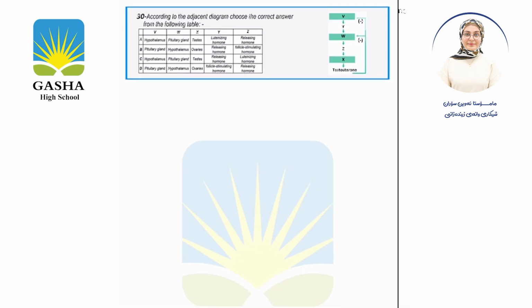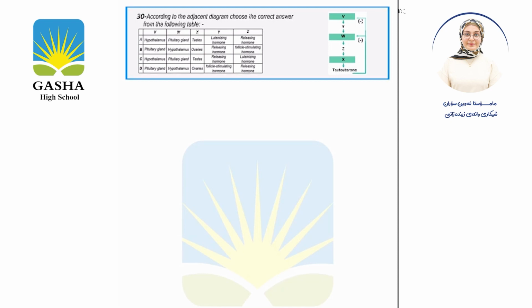Question 30. According to the adjacent diagram, choose the correct answer from the following table. Let's look at the diagram together. V, Y, W, Z, X, and at the end is testosterone. So this diagram is talking about the factors affecting the release of testosterone. Before reading the multiple choice, let's find out how testosterone is released.